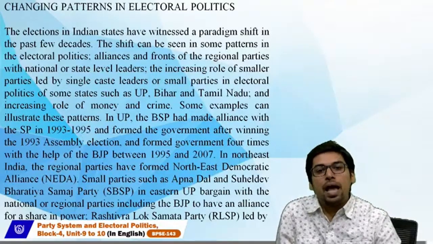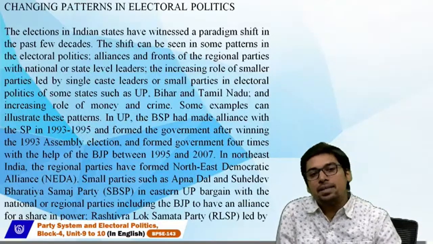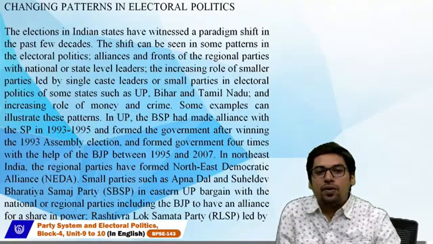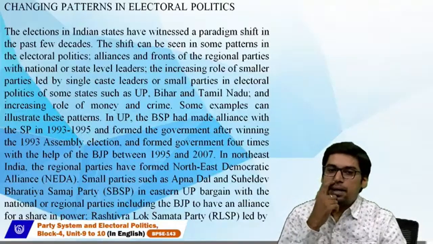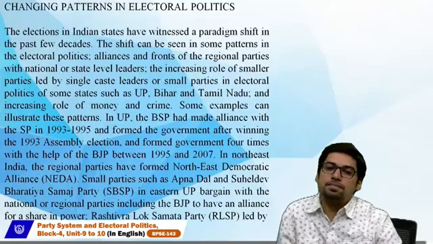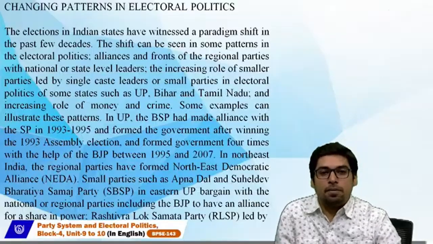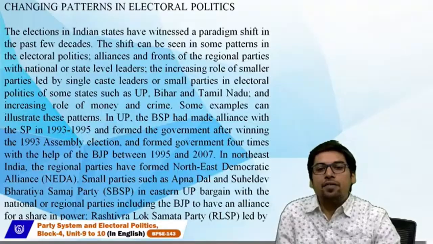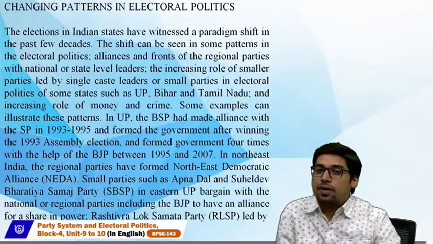In UP, the BSP made an alliance with the SP in 1993 to 1995, formed the government after winning the 1993 assembly elections, and formed government 4 times with the help of the BJP, Bharatiya Janata Party, between 1995 and 2007.